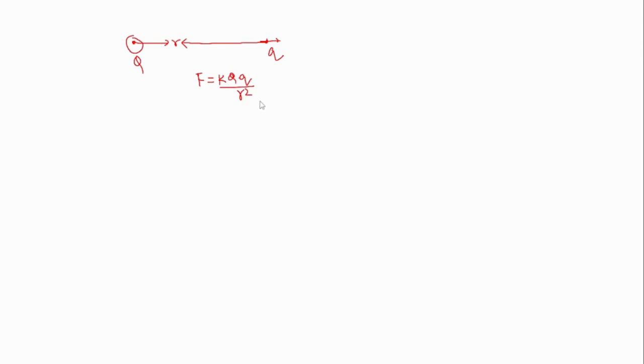Now what will be the electric field intensity here? It will be the force per unit charge. Force will be K capital Q small q upon r square, divided by small q.